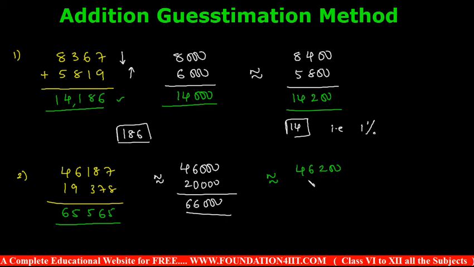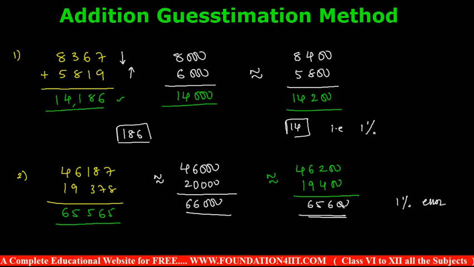We can do this orally, without using pen and paper, just calculating in the mind. Adding them, we get 65,600. If the answer is larger than 10,000 and you make the numbers nearest to hundreds, you will surely get only about a 1% error compared to the original, maybe less or more. 65,565 versus 65,600: hardly a 35 difference.